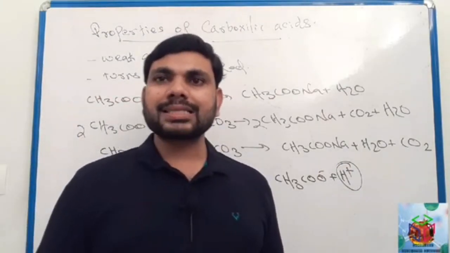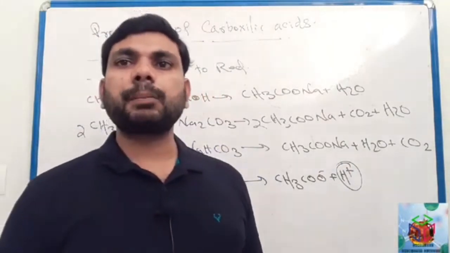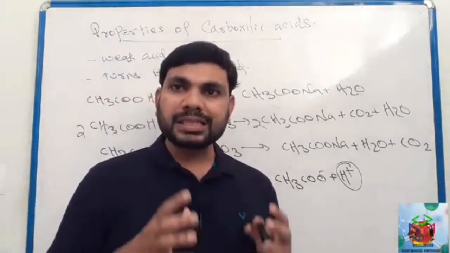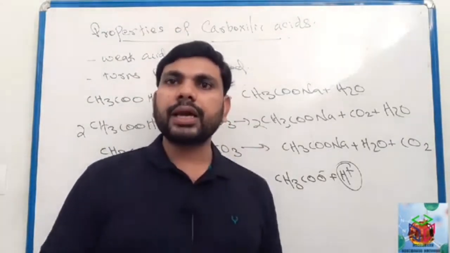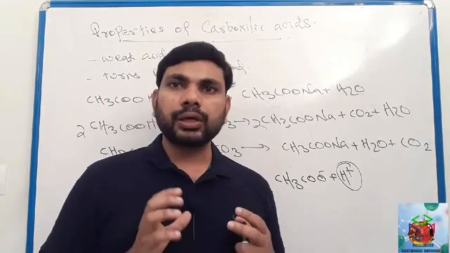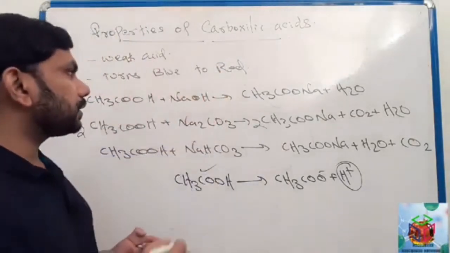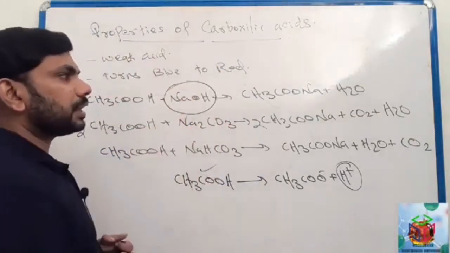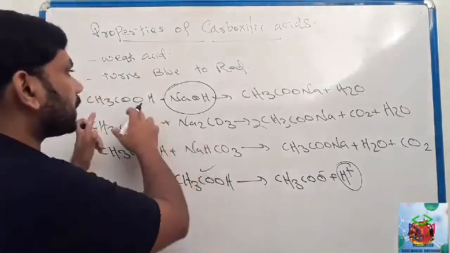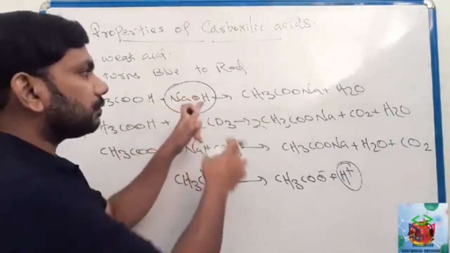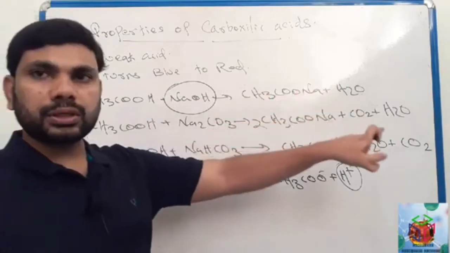It turns blue litmus paper to red. Okay, it is a weak acid, that's why it will react with alkali. Carboxylic acid reacts with alkali, sodium hydroxide, and forms salt and water.